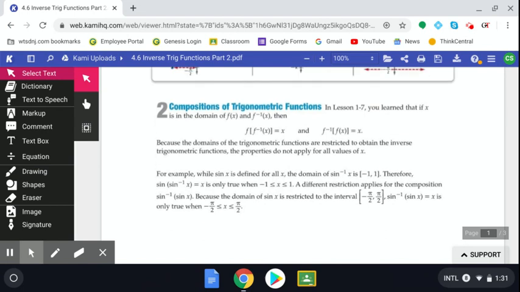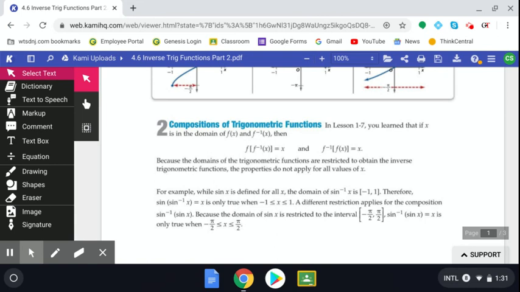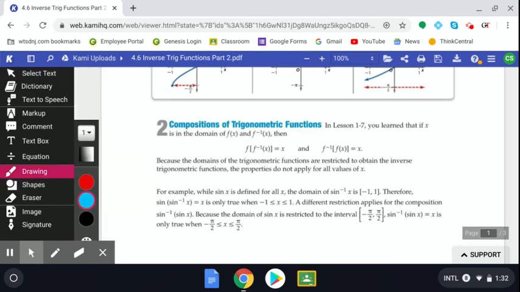If you remember from chapter 1, when you do a composition of two functions, if they are inverses, when you substitute the inverse in the function, then you should get x, and the opposite is also true. Now this is where it gets a little tricky.